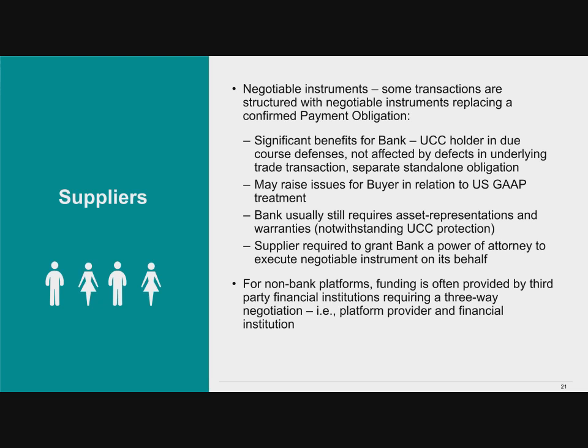For example, a bank can make a claim against that obligation a lot easier if it's a UCC negotiable instrument as opposed to a trade transaction, and the bank can sell that asset more readily than, say, for example, a trade transaction itself.